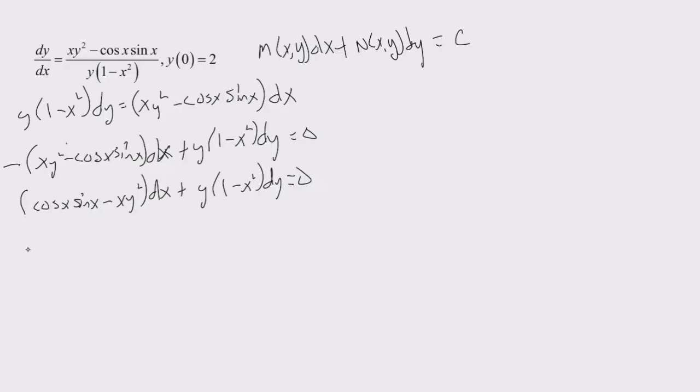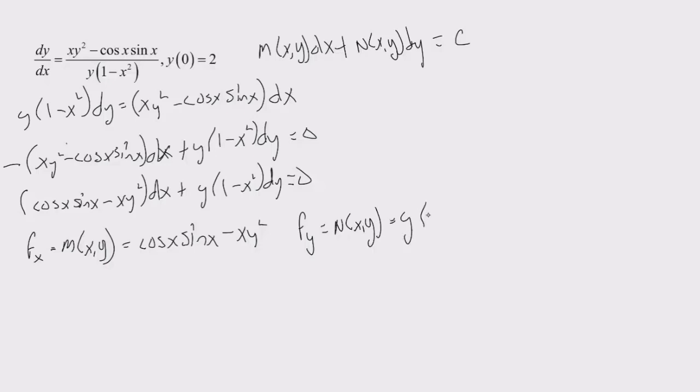So my M, and again, just a reminder, if there is some function out there, then this partial with respect to x would be cosine x sine x minus xy squared. And if there in fact is some f function that fits this pattern, then my N function would be y(1 minus x squared) on that.